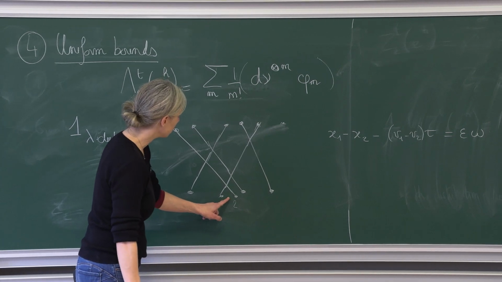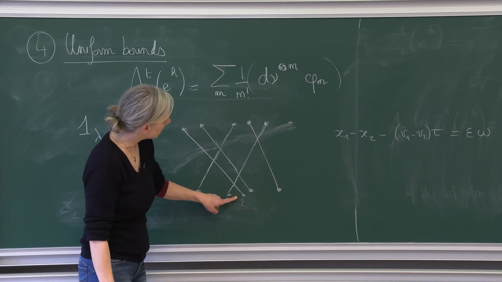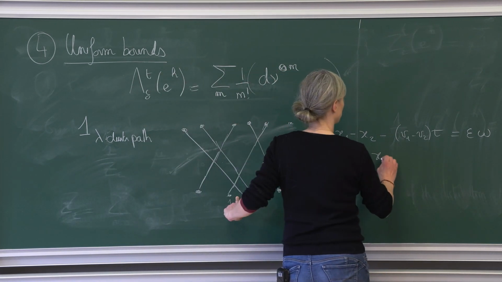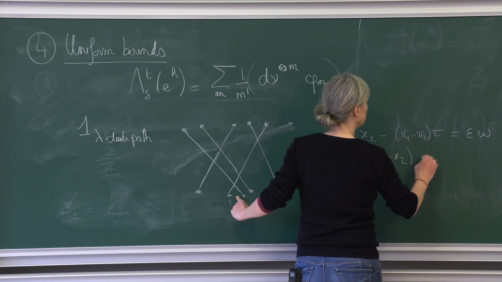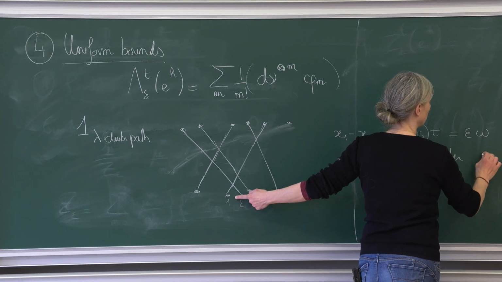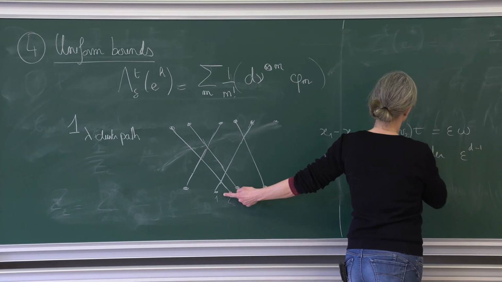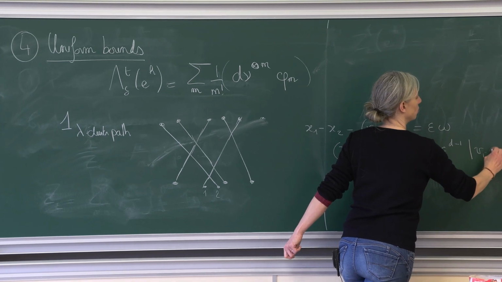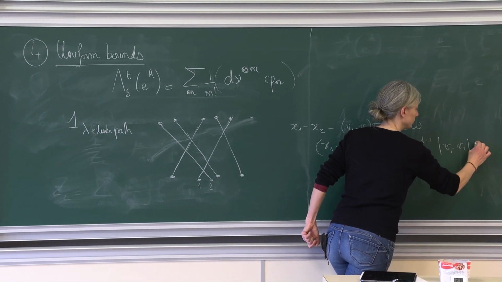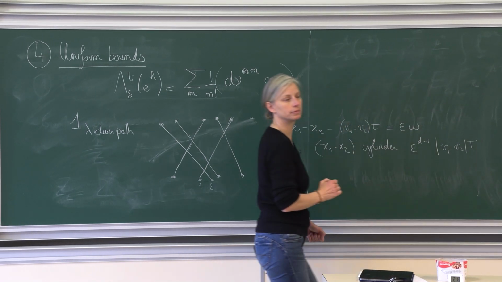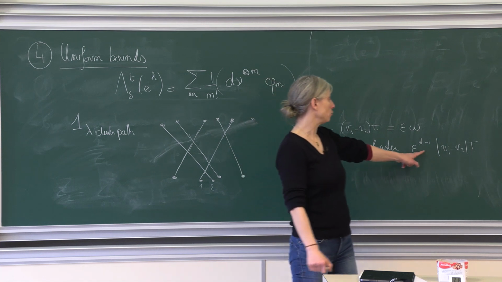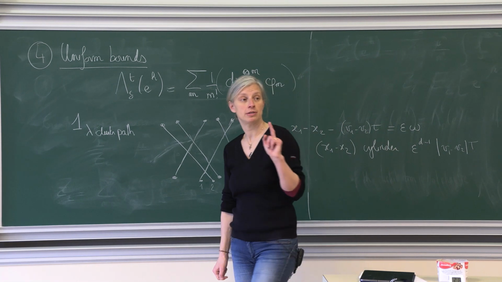So this tells you that x1 minus x2 has to be in a small cylinder, the size of which is something like epsilon to the d minus 1 times, say, v1 minus v2 times, say, capital T. Okay? So that's very good because you see that this epsilon to d minus 1 exactly compensates 1 over mu.